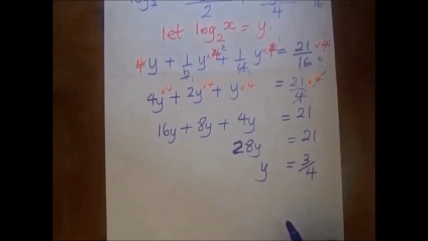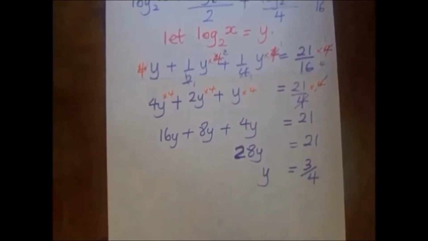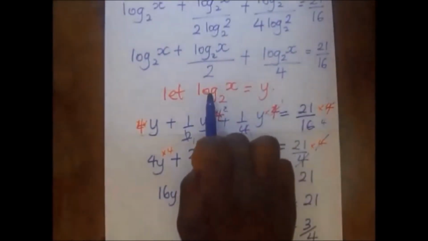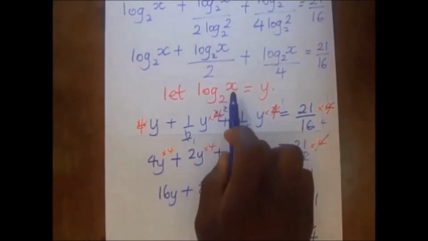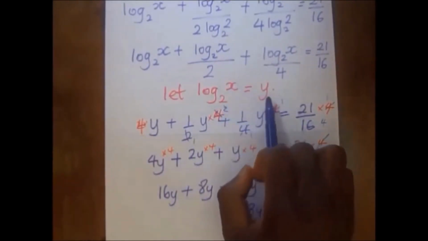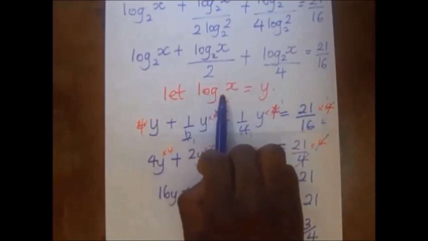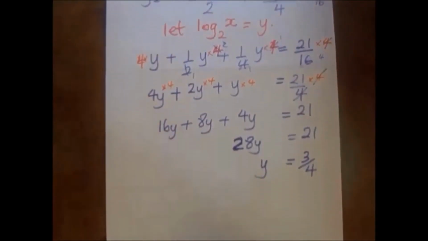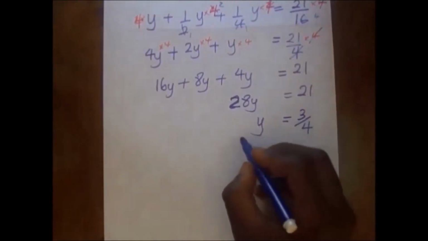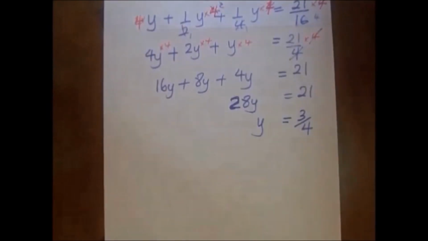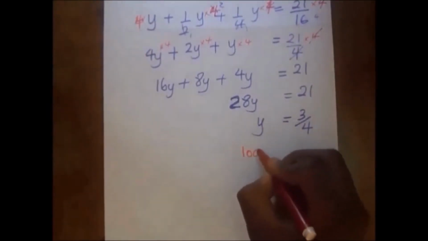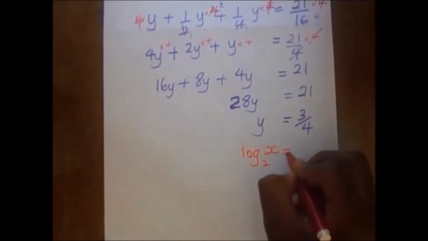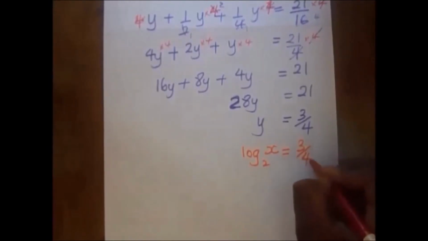But we are not interested in the value of y, because y is log of x base 2. We are interested in the value of x. So where there is y, we substitute that logarithmic expression. So we shall say that the log of x base 2 is going to be equal to 3 over 4.